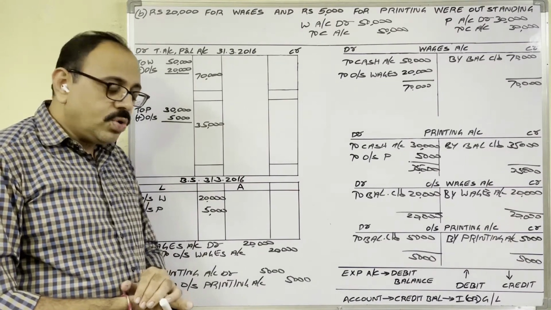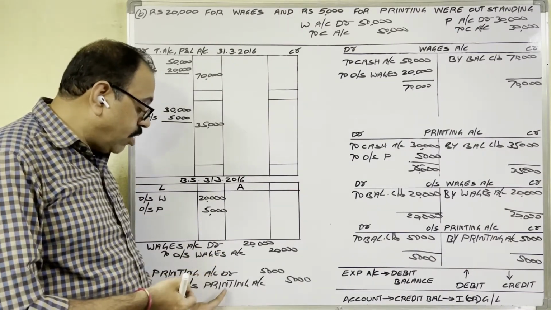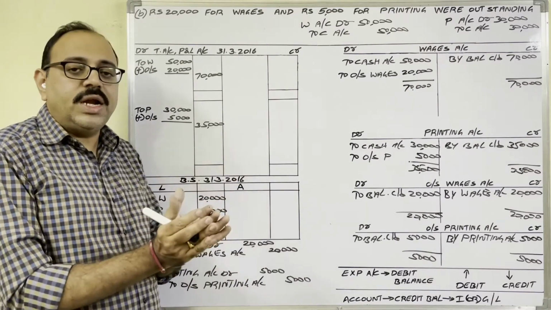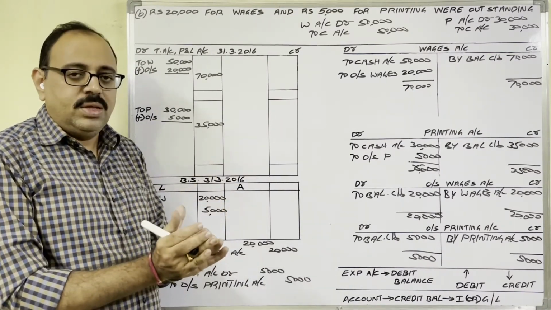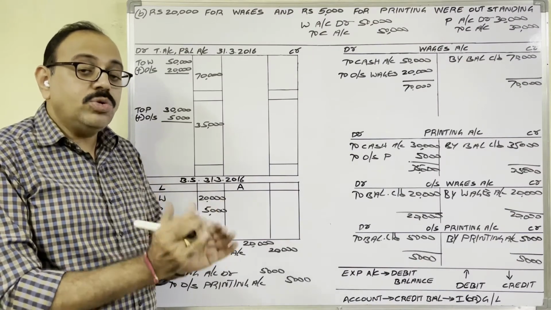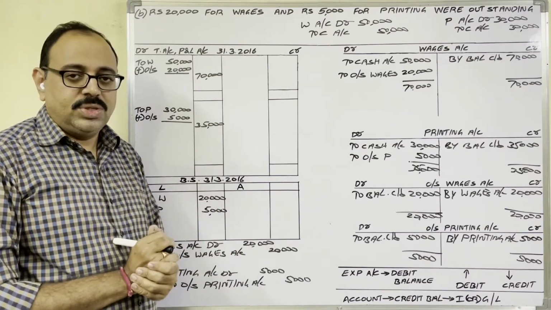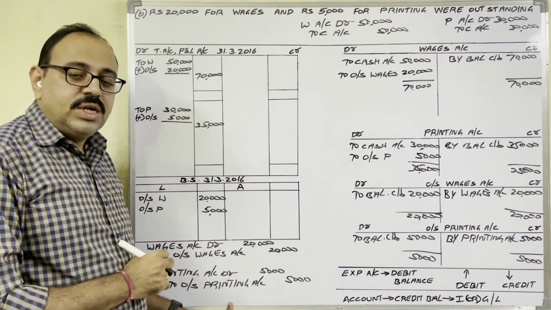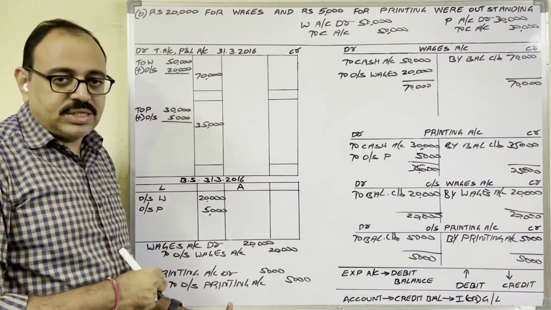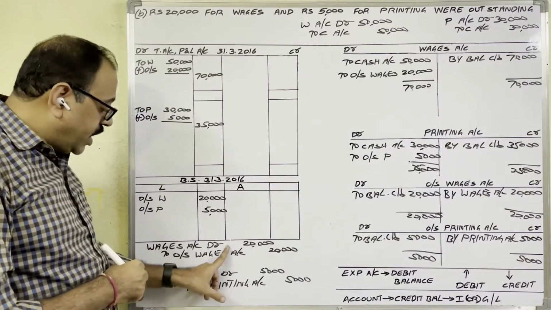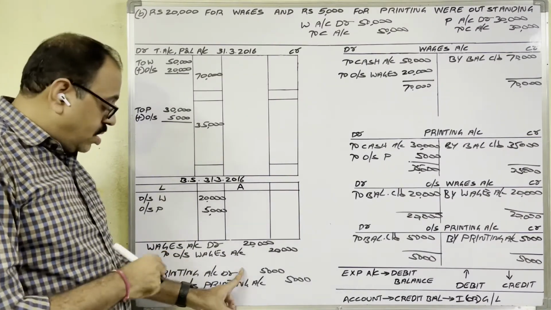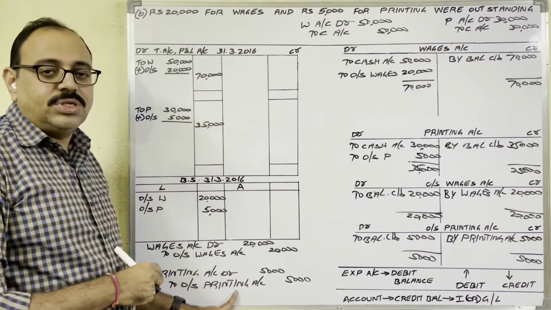So instead of showing outstanding wage and outstanding printing separately, we can show these two outstanding amounts in one account only. Then that account name is outstanding expenses account. So instead of writing two separate entries, we can write only one entry for this. Wages account debtor, printing account debtor to outstanding expenses account.